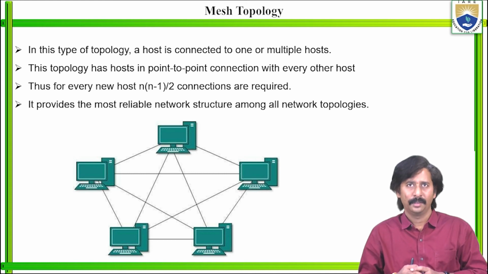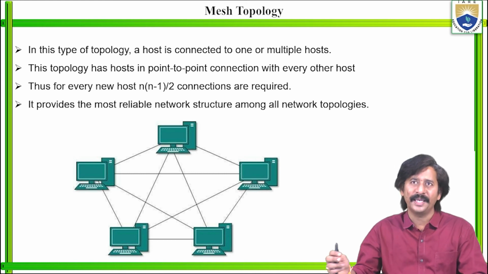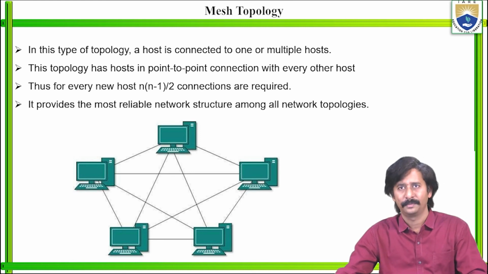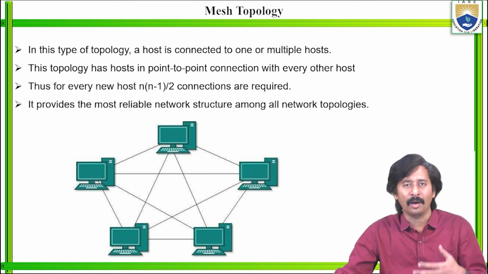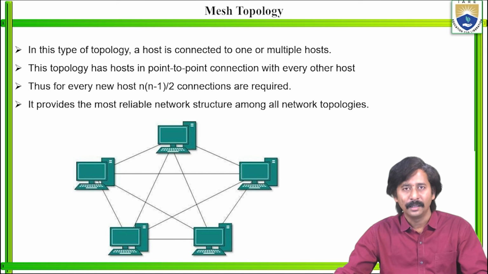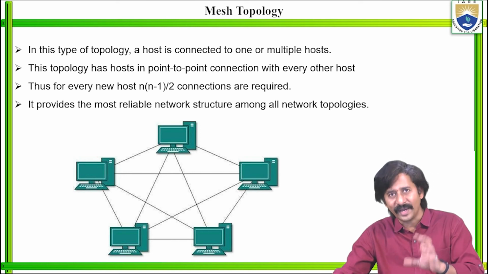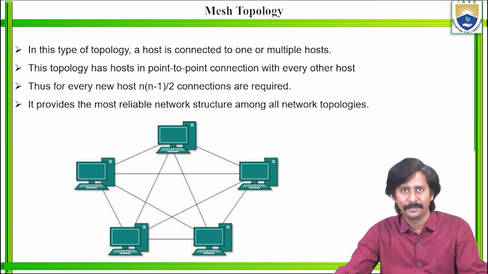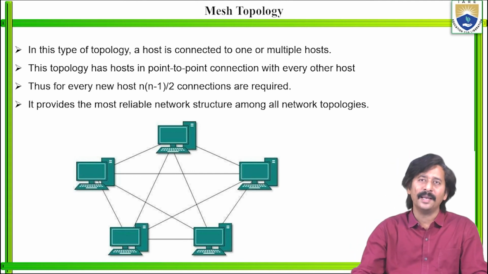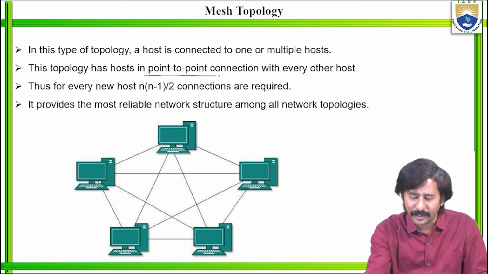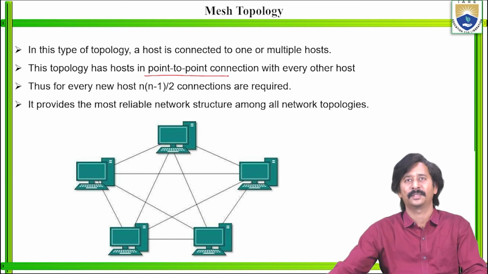In this type of topology, a host is connected to one or multiple hosts, whether or not you are capable of transmitting or receiving information from that particular host. But this topology specifies that we need to connect to some other host. So this topology has hosts in point-to-point connection. That is very important in case of networks.